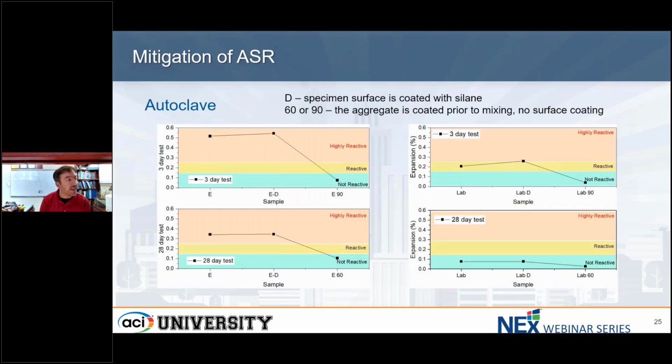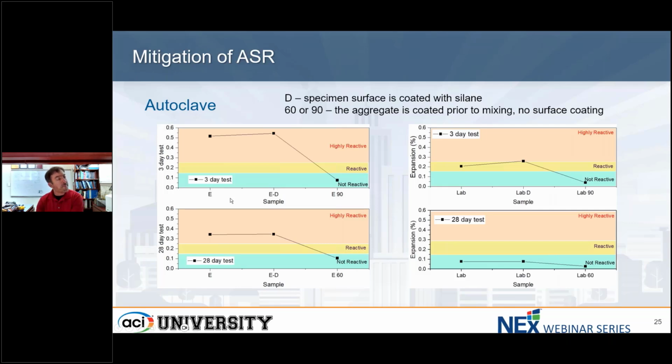So, results. We have on the left, right here, our ASR active Job sand, both tested at 3 days old and at 28 days old. The letter E is our internal representation for Job sand.